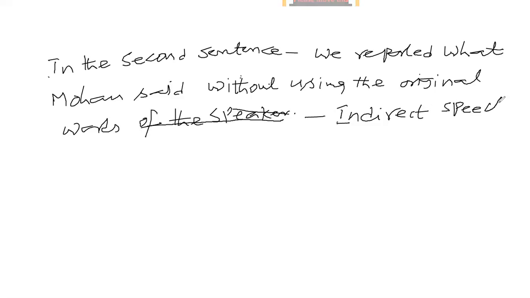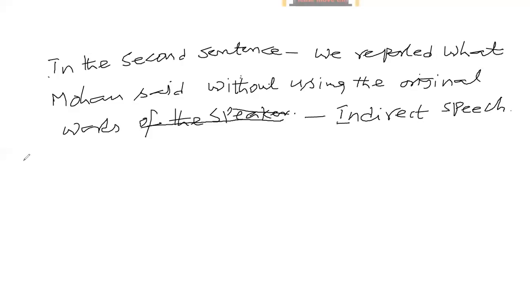Both sentences mean the same. In the first sentence, we quoted the original words of the speaker; in the second, we reported what Mohan said without using the original words. That is why it is called indirect speech.